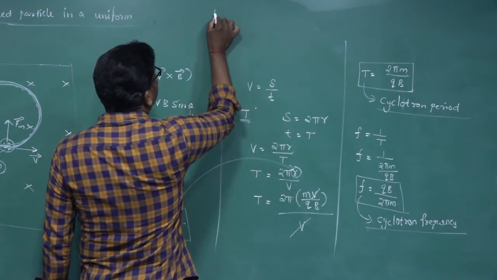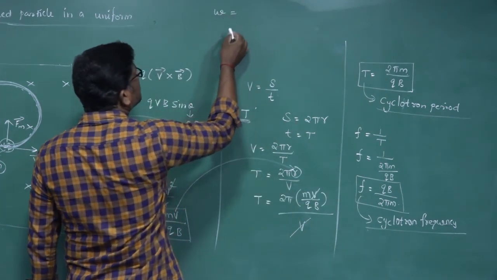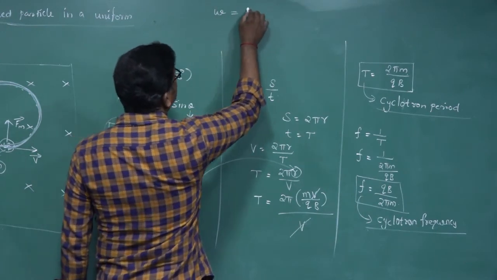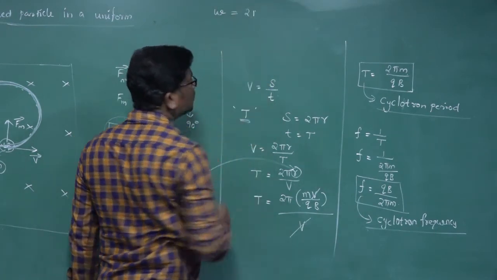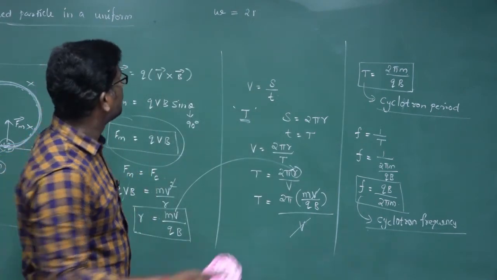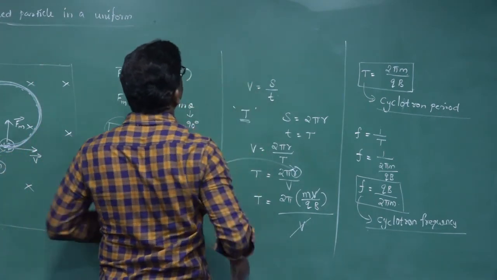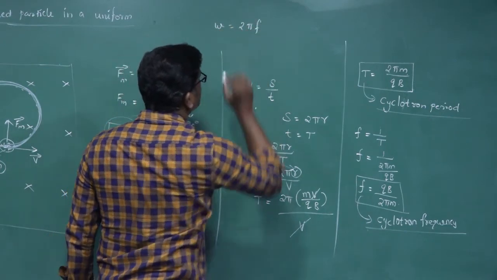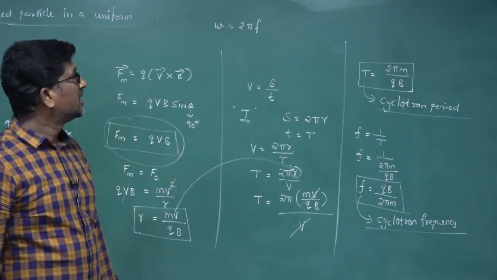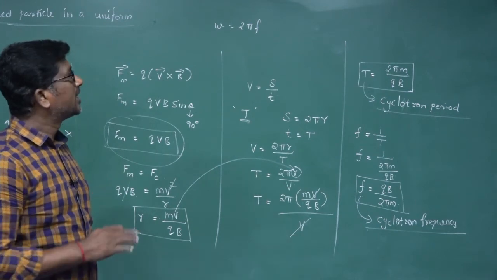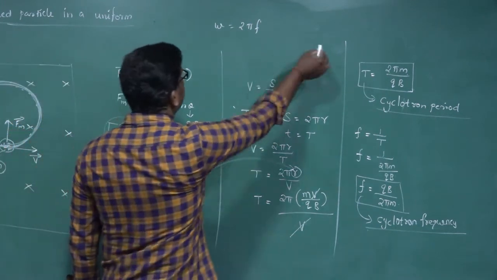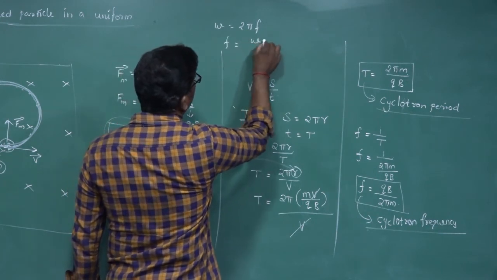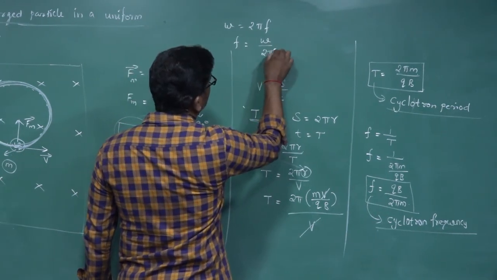The relation between angular frequency and linear frequency is omega is equal to 2 pi f. Right. So therefore f is equal to omega divided by 2 pi.